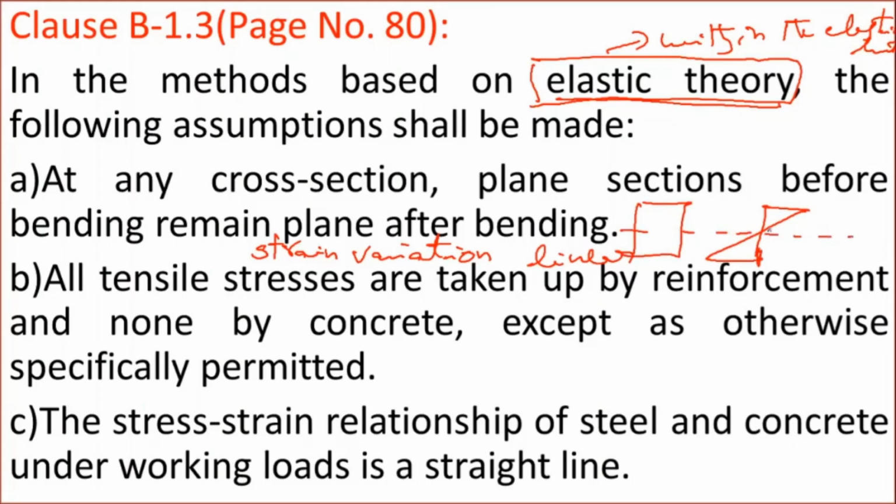Then strain varies linearly like this based on this assumption. But remember that based on this assumption, stress need not vary linearly. So as per this assumption, what varies linearly? Only the strain. Then the second assumption is all tensile stresses are taken up by reinforcement and none by concrete except as otherwise specifically permitted.